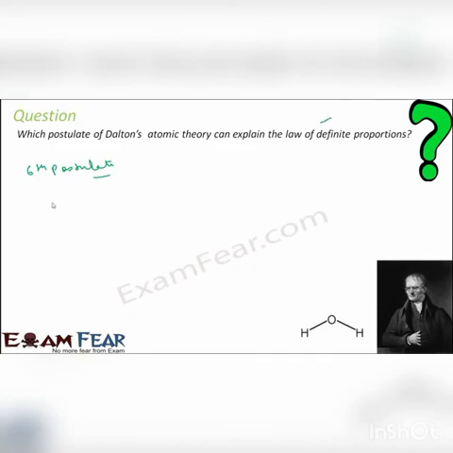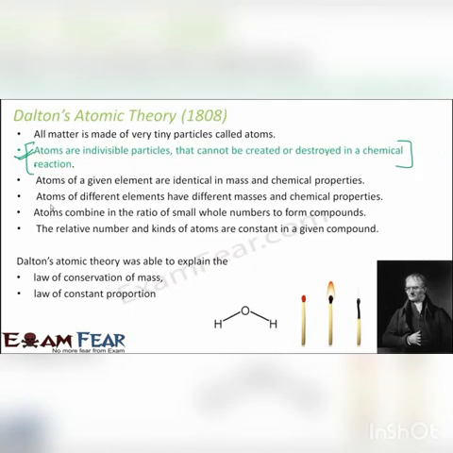So if you see here, the sixth postulate is the one which talks about the law of definite proportion: the relative number and the kinds of atoms are constant in a given compound.